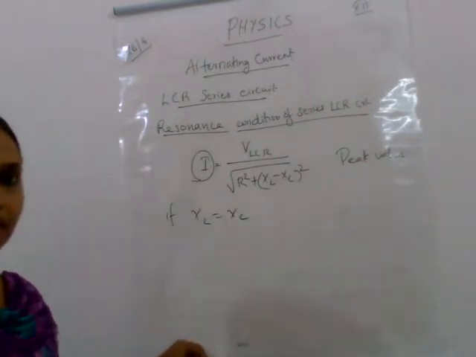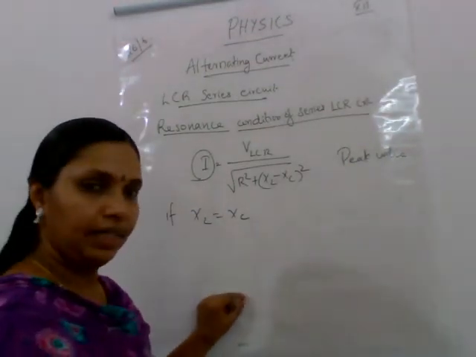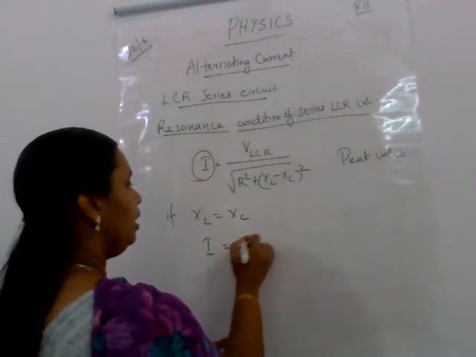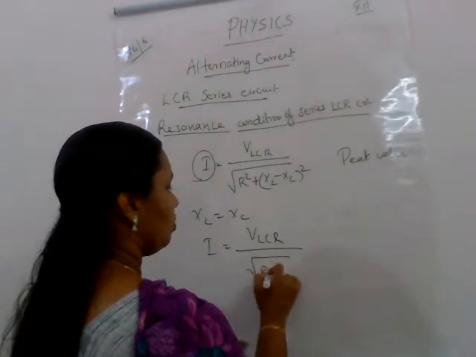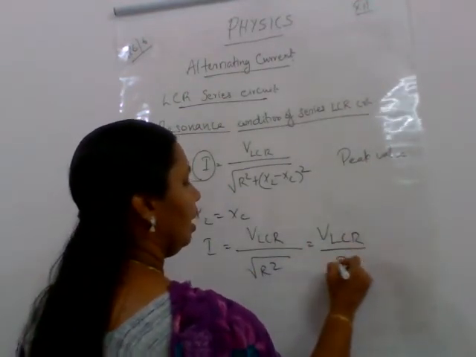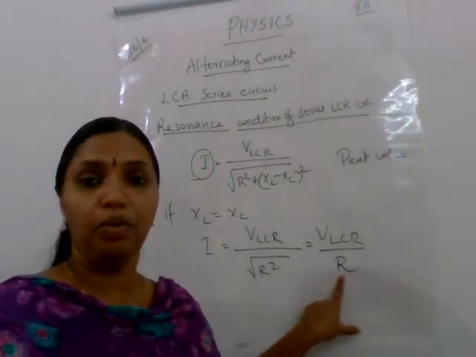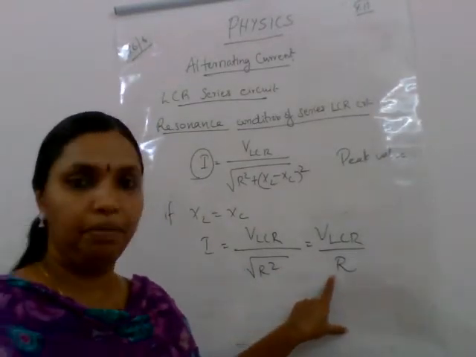That is, in the series LCR circuit, if the inductive reactance and capacitive reactance become equal, I will be VLCR divided by root of R square, that is equal to VLCR divided by R. So there is minimum opposition; the impedance becomes minimum.